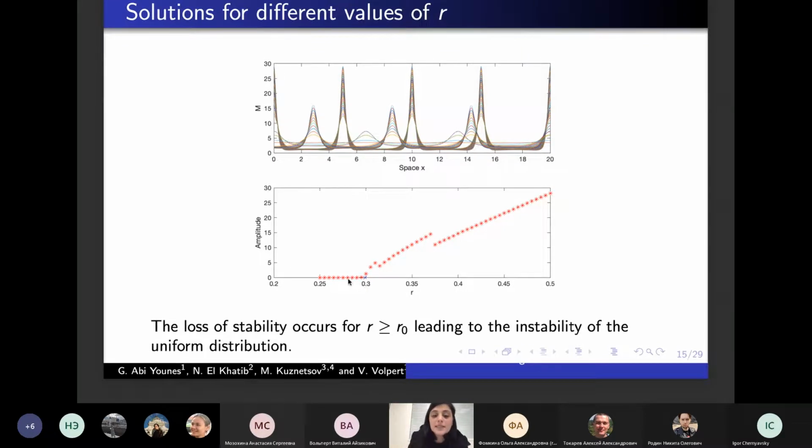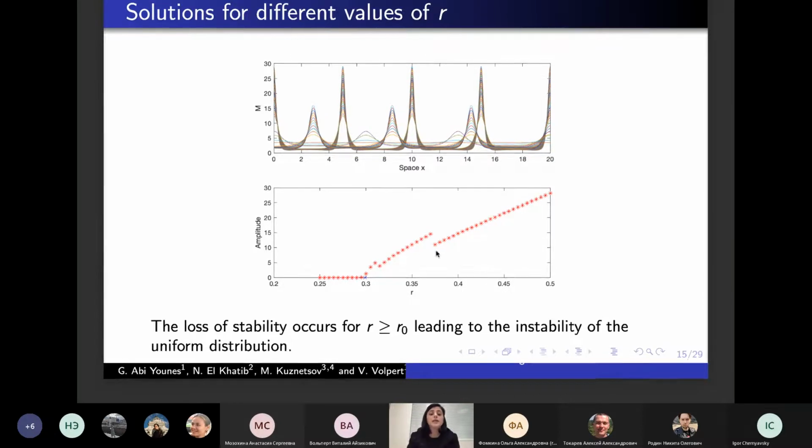If R is less than R0, then the amplitude is 0 and the solution is constant. Otherwise, when R reaches R0 and gets bigger, we can see that spatial structures arise.